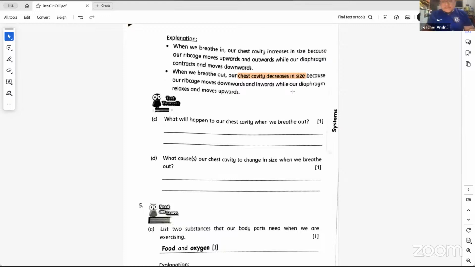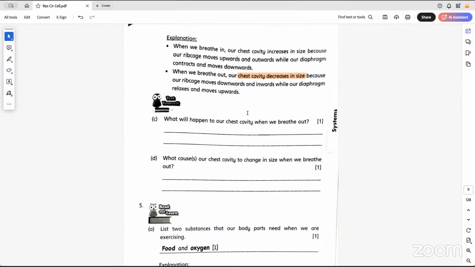Next up. What causes our chest cavity to change its size when we breathe out? Any volunteers? Yes, the king. Good morning.